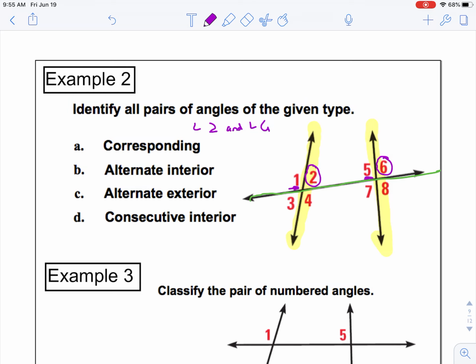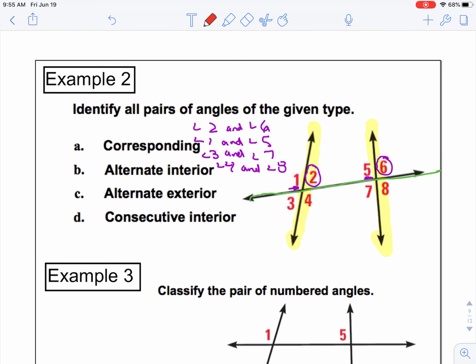Another pair is on the left side of those lines and above the transversal: angle 1 and angle 5. We also have angle 3 and angle 7, and angle 4 and angle 8. Again, you can think about it as the position, or the quadrant idea.